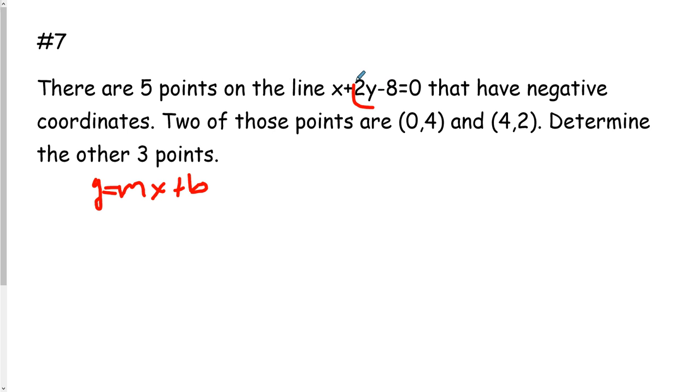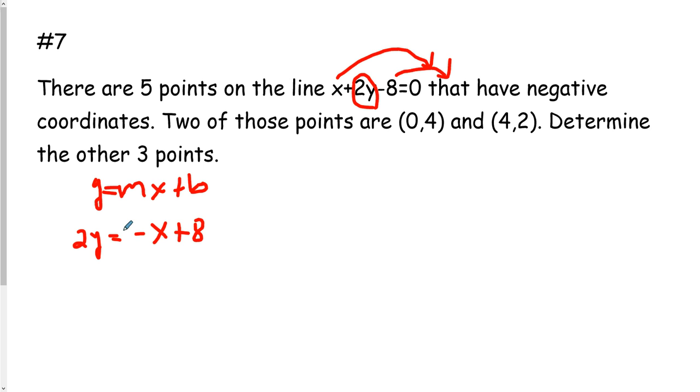Okay, so you want to leave the 2y on the left-hand side and bring the x to the right and bring the negative 8 to the right. So that will give you 2y equals negative x plus 8.